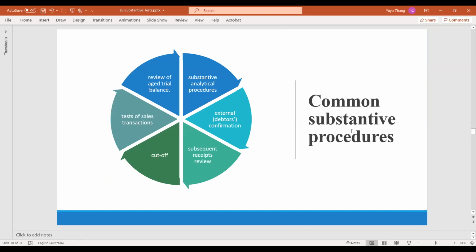For the common substantive audit procedures concerning those relevant transaction and balance sheet assertions, usually the substantive procedures start from substantive analytical procedures, then go to confirmation, subsequent receipts review, cutoff test, and then test of sales transactions, and then we review the trial balances. Let's have a look at them.